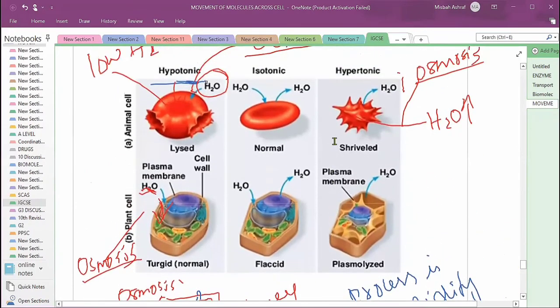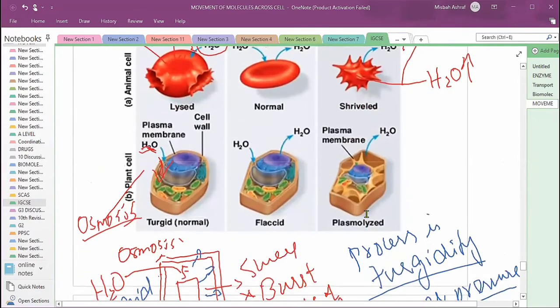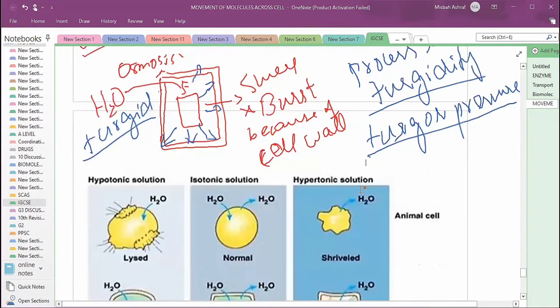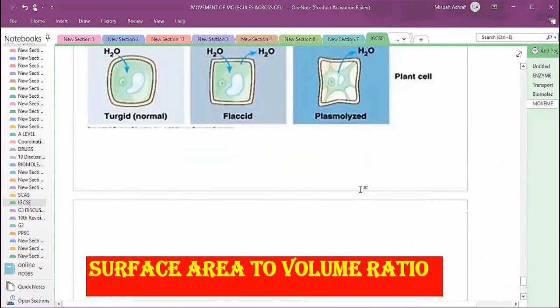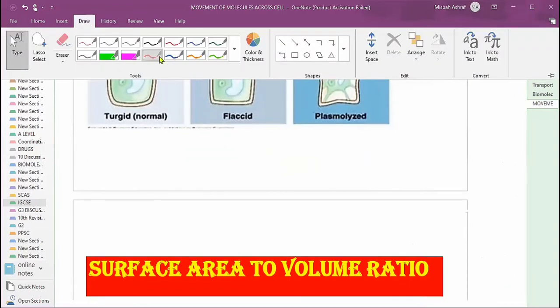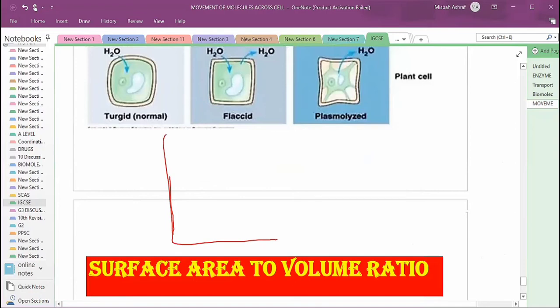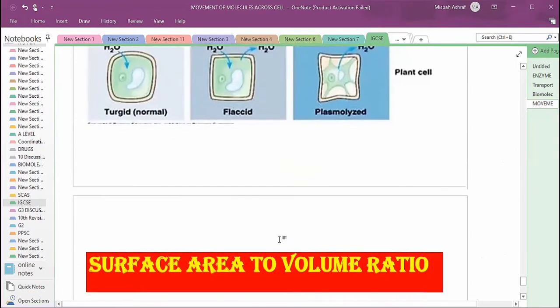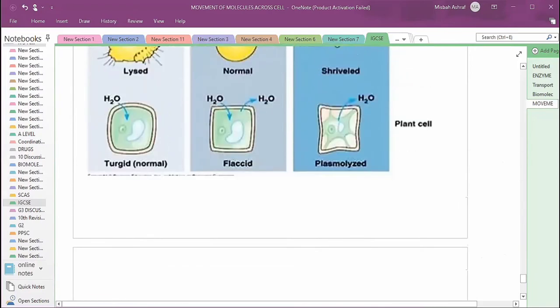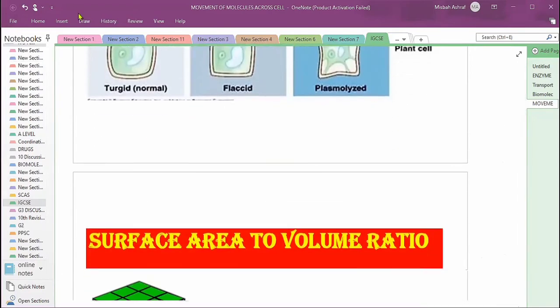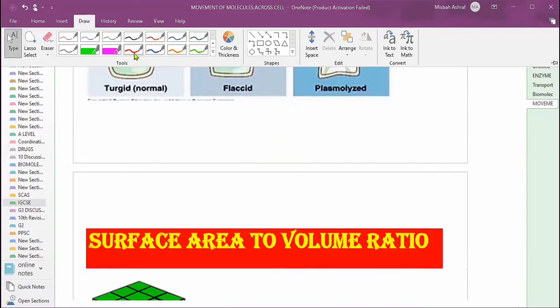Next, if the plant cell is placed into a hypertonic solution, what happens? Let me draw here. In a hypertonic solution, water will move outside.